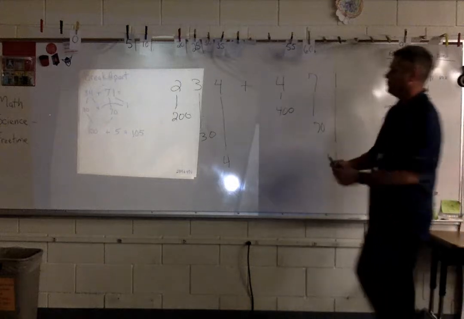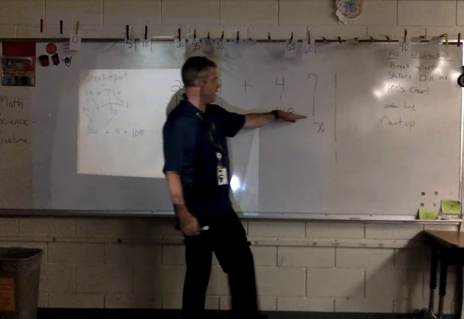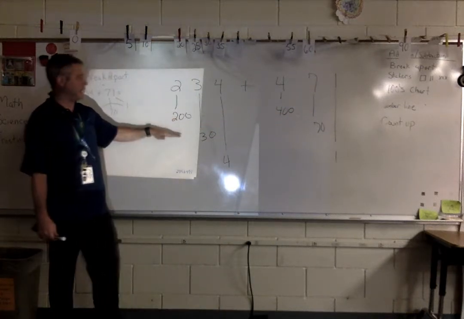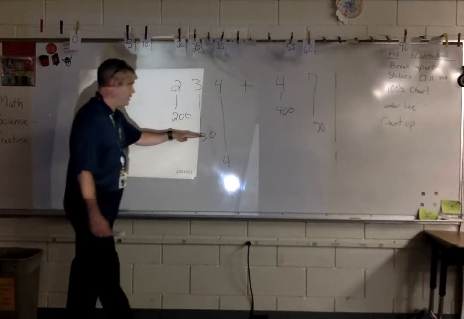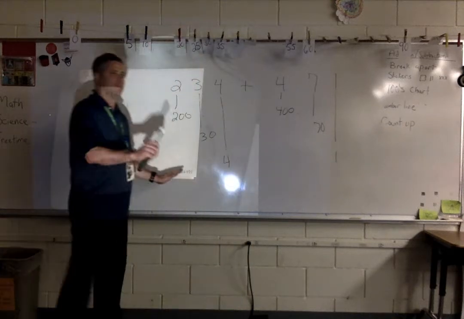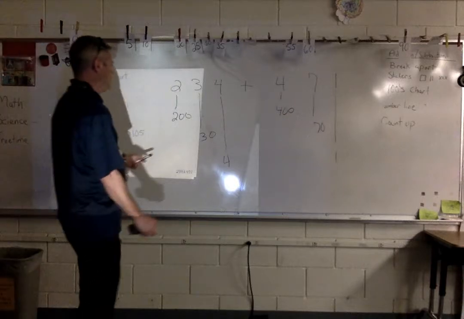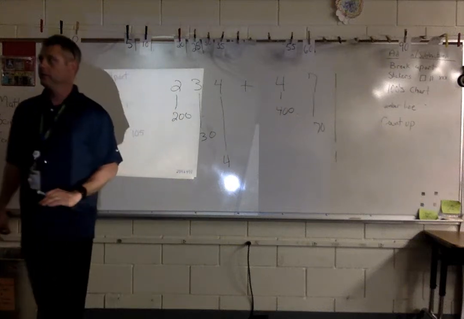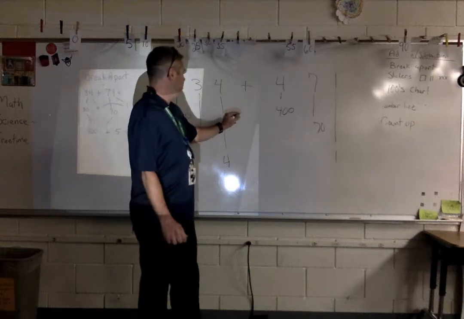So notice how I have an invisible line in my head that says all the hundreds are right here, the tens are right here, and the ones are down here. That way when I add them up, I don't get confused, and I'm not adding 30 to 400 or something silly like that, right? Okay, so let's add our hundreds together.